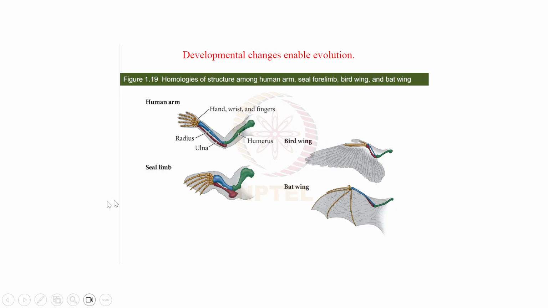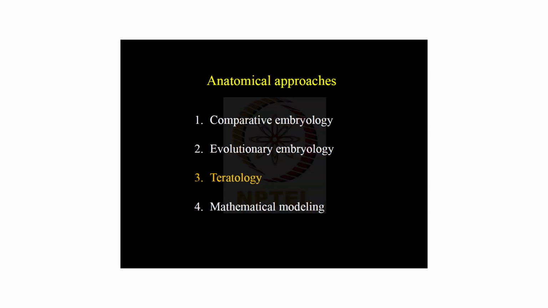And as I was telling you, the human arm, bat wing, bird wing, or a sea limb: the usage of a hand in human and a wing in bat, both of these structures are hands only, but depending upon usage they developed differently in later stages of development, which led to evolution in that particular lineage, or that large group of organisms.